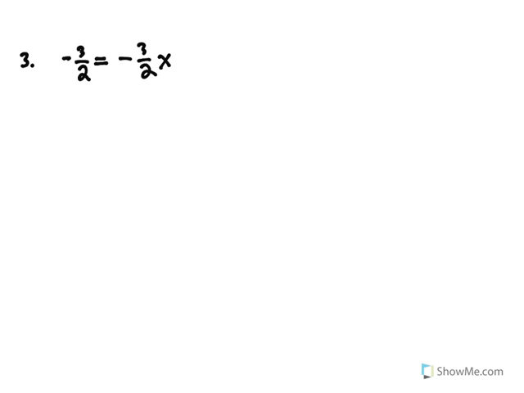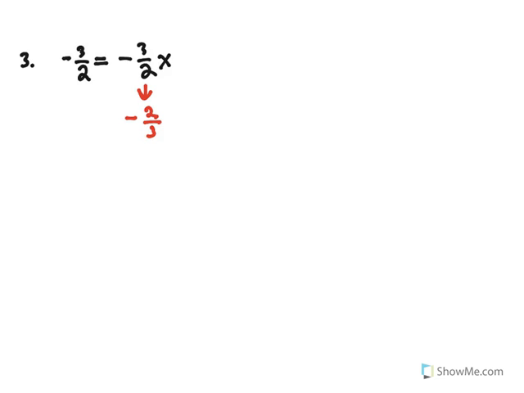The opposite of multiply is divide by negative 3 halves, or that's the same thing as multiplying both sides by the reciprocal of that. So we're going to take the reciprocal, and that's going to be negative 2/3.